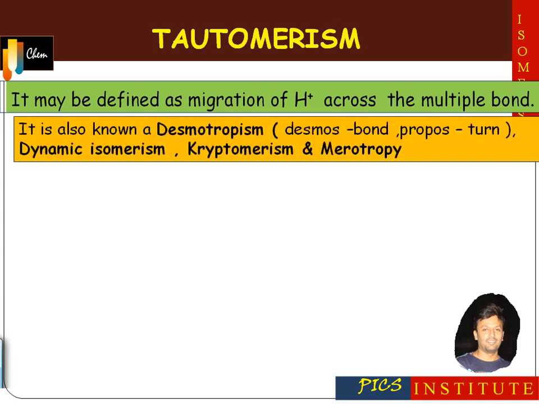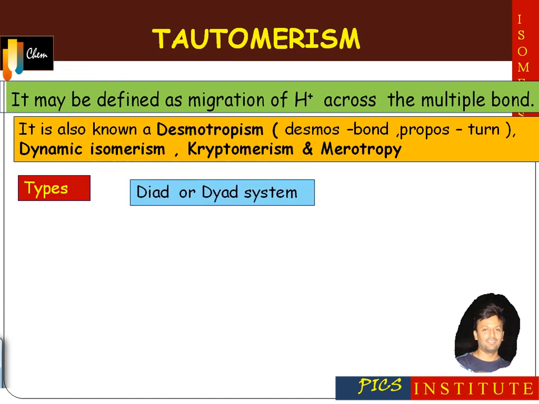Tautomerism is also known by other names, for example, desmotropism, dynamic isomerism, cryptomerism, etc. It is of two types. Number 1, the dyad system. Number 2, the triad system. The most common is the triad system.